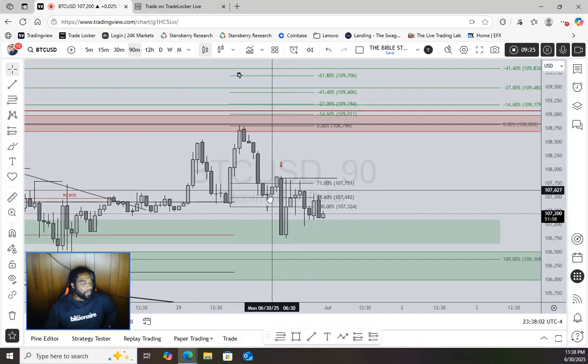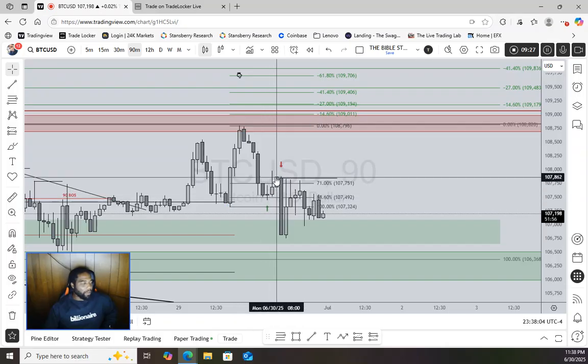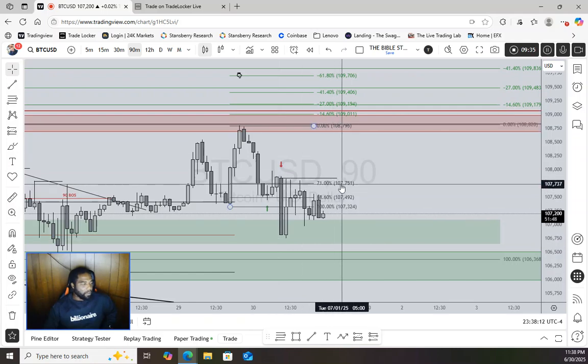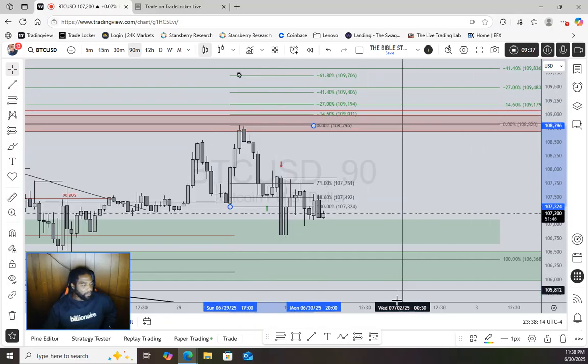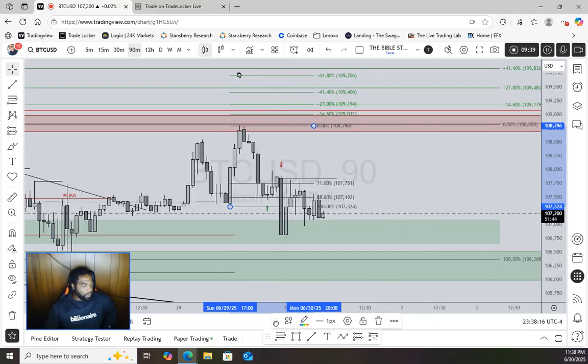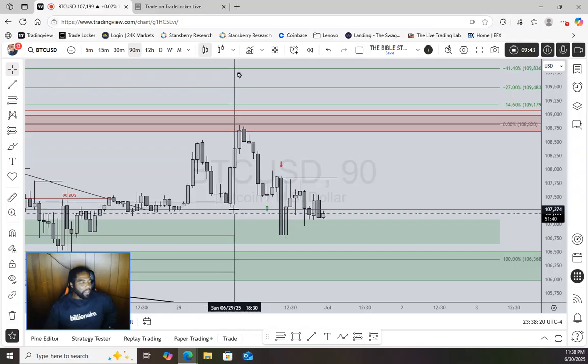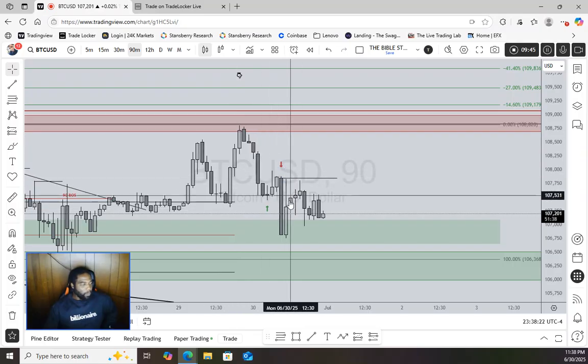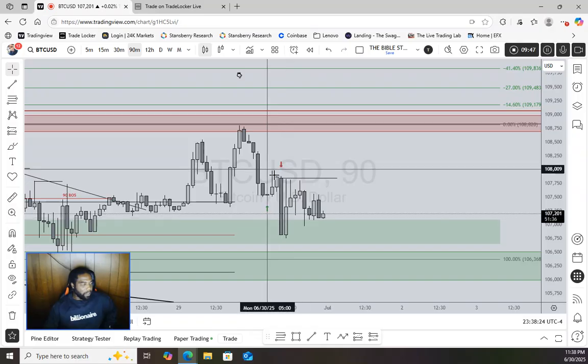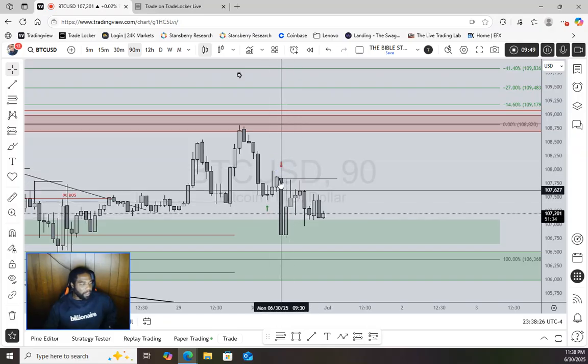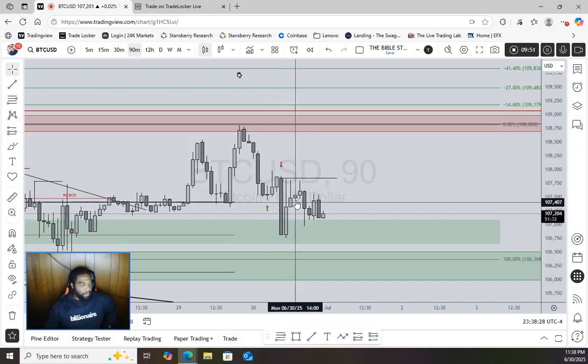This was supposed to be a continuation to the upside. The price action that we encountered was corrective, and then we established or encountered, boom, this bearish engulfing, which invalidated that swing. We now know price is bearish here on the 90-minute. Then what?